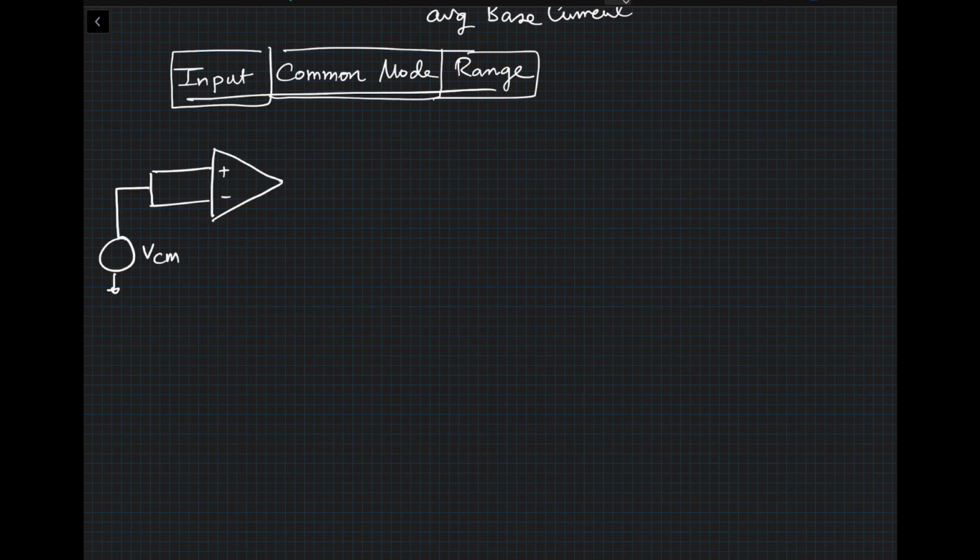Let's say this is ground and this is your VDD or VCC. Now our goal is to make sure the op-amp behaves like an op-amp. For the op-amp to give you large gain, if you have a MOSFET diff pair, then the devices have to be in saturation, and if you have a BJT diff pair, you want to make sure it's in the active region, right? Otherwise the op-amp will refuse to work as an op-amp.